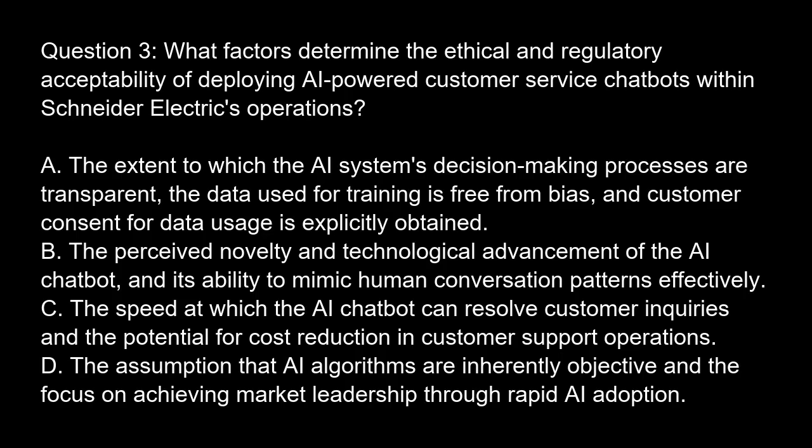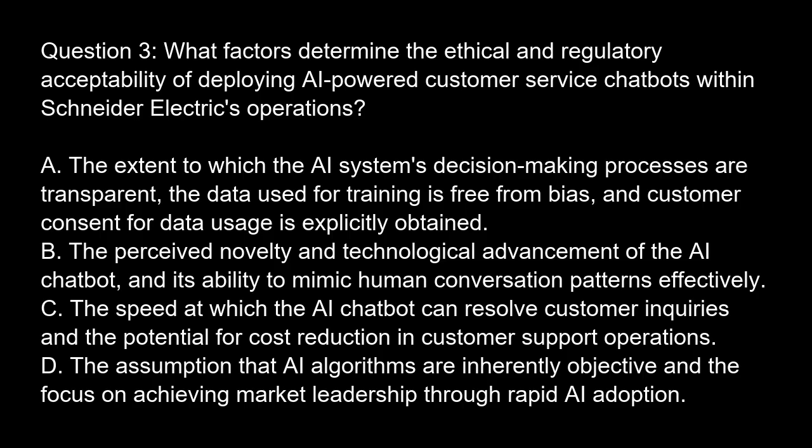Question 3. What factors determine the ethical and regulatory acceptability of deploying AI-powered customer service chatbots within Schneider Electric's operations? Option A. The extent to which the AI system's decision-making processes are transparent, the data used for training is free from bias, and customer consent for data usage is explicitly obtained.